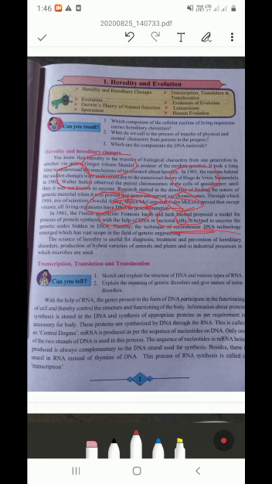So recombinant DNA technology increased. Okay, then in the third paragraph you will see how the science of heredity is useful. The science of heredity is useful for diagnosis, treatment or prevention of hereditary disorders, and protection of hybrid varieties of animals and plants.